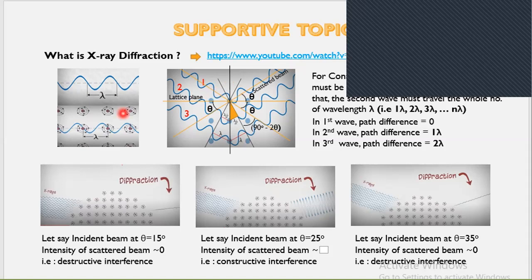The arrangement of atomic planes and interatomic spacing act as slits to produce a diffraction pattern. The second thing is that the wavelength of the X-ray must be comparable to the interatomic spacing of the material, in order to get the true XRD pattern and to extract information about the material.